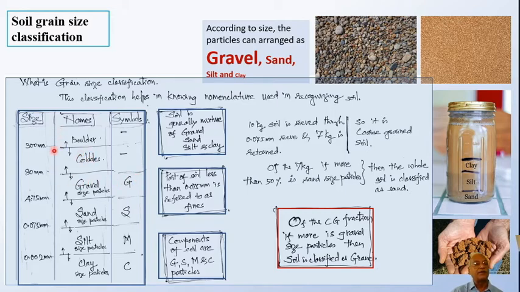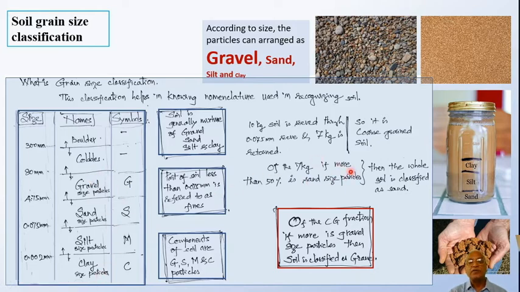Above 300, which is 30 centimeter, about 1 foot length, the rock size, we call it boulder. Boulders are bigger particles having a size more than 30 centimeter, and from 30 to 8 centimeter are cobbles; 8 centimeter down to 4.75 mm is gravel, and so on.